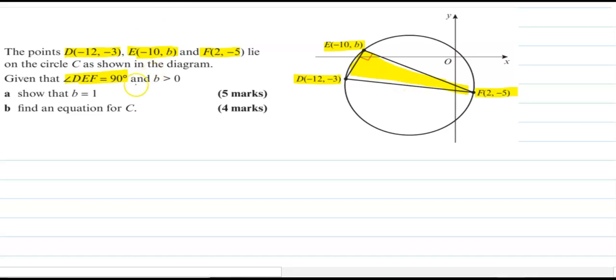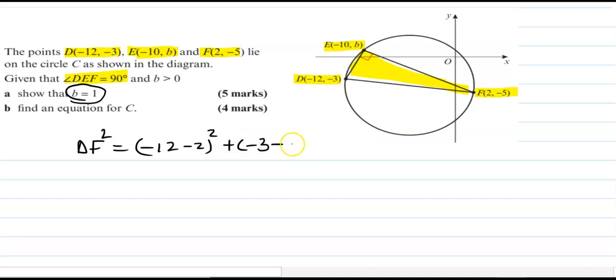Okay, now we need to show that B is equal to 1. So let's use Pythagoras theorem. So first we can find here DF square. DF square will be minus 12 minus 2 whole square, plus minus 3 minus minus 5 whole square.